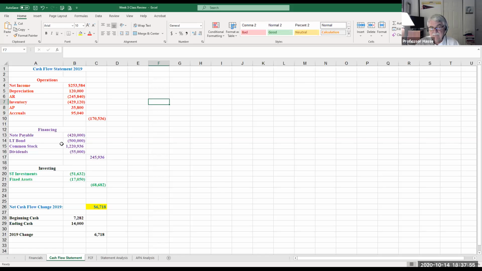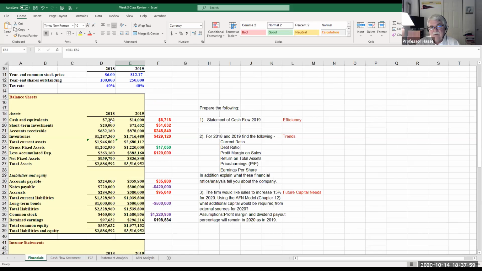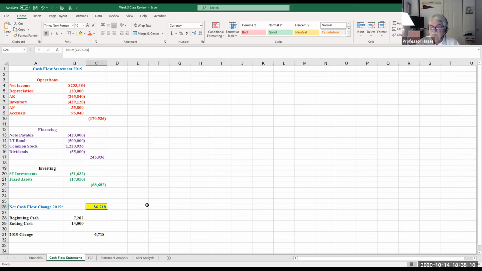Very important statement. For example, look at the balance sheet here. Notice the delta from 2018 to 2019 in their cash and equivalents is $6,718. The cash flow statement tells us where that $6,718 went and came in.